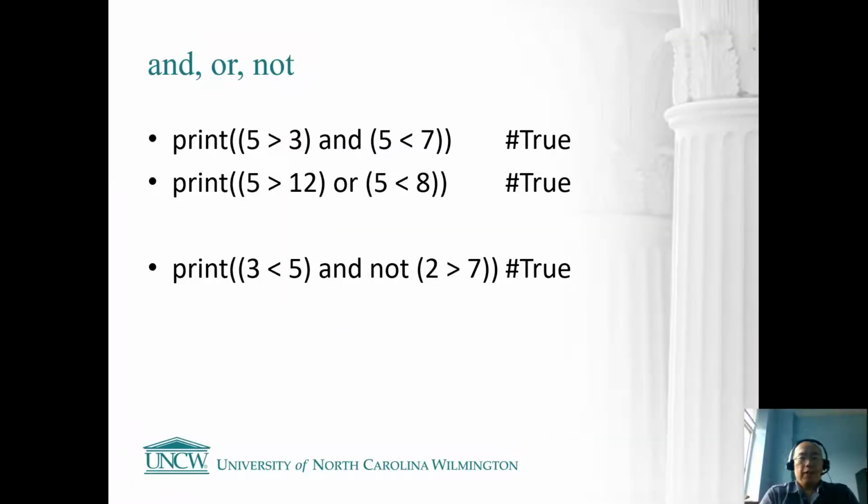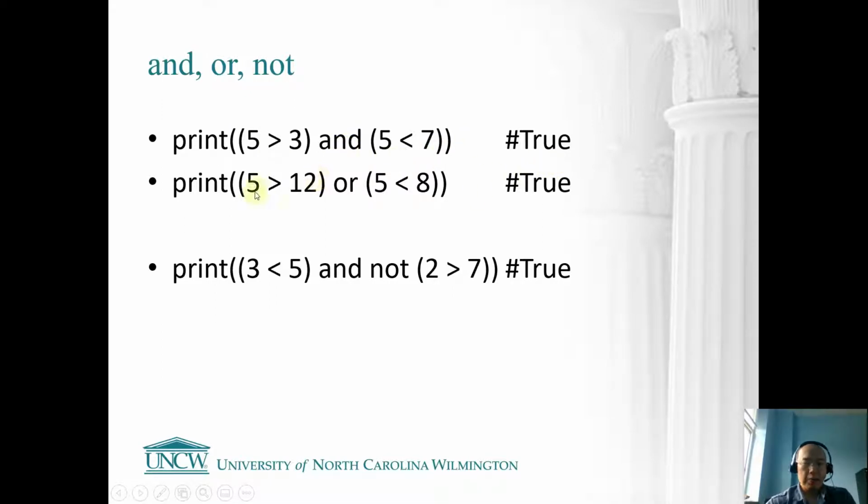So if we print 5 greater than 3 and 5 smaller than 7, that will give us a true. Why? Because there are two operands: 5 greater than 3 is a true, and 5 smaller than 7 is also a true. So we have a true and true, which is indeed a true.